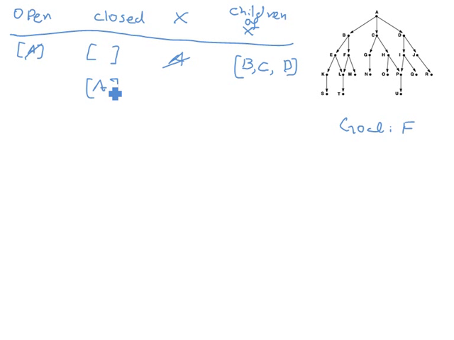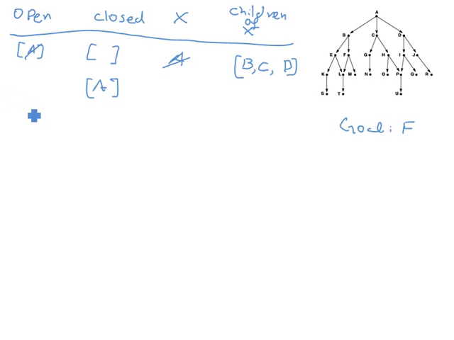Now we're going to discard the children of x if already on open or closed. B, C, and D are not in the open or closed lists, so it doesn't matter. It's not applicable here. And so what we need to do then is put any remaining children, i.e. all of them in this case, on the right end of open.